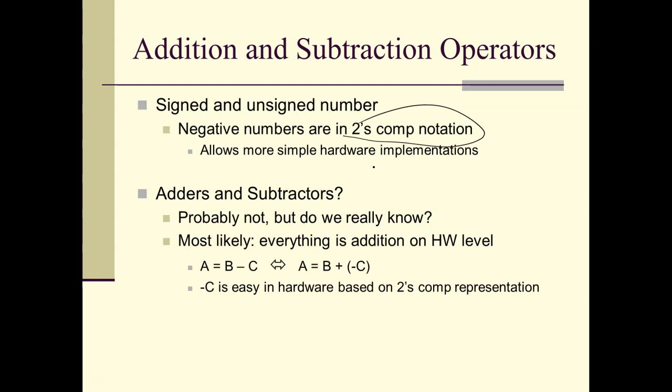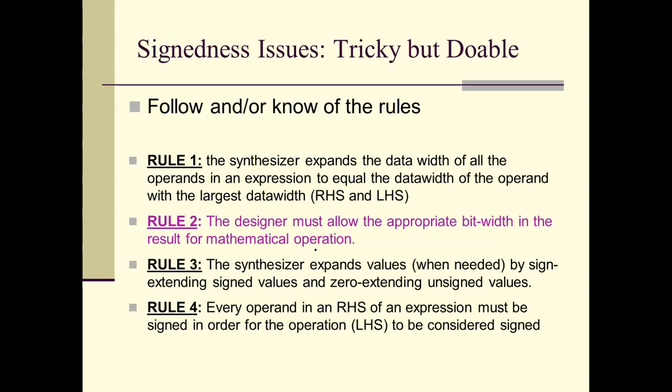My guess is that it probably doesn't, because it takes advantage of the fact that B minus C is equivalent to B plus a minus C, and using 2's complement notation, creating a minus C from a C is very straightforward. Essentially, changing the sign of a value using 2's complementation is very straightforward.